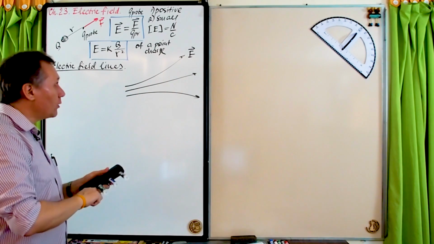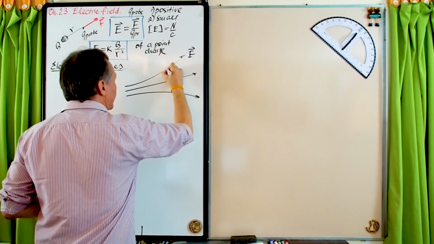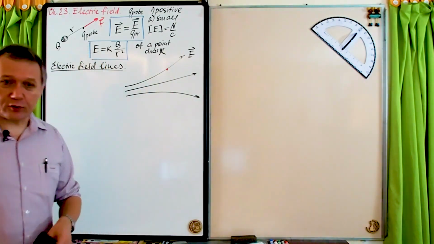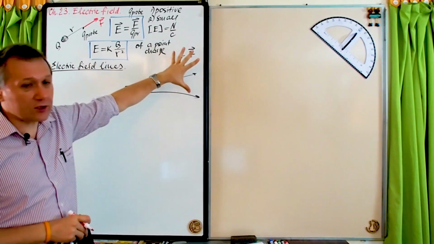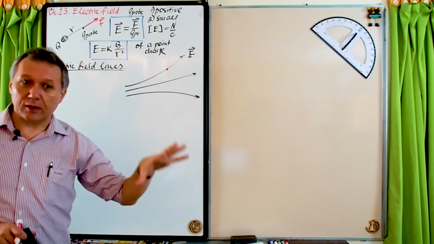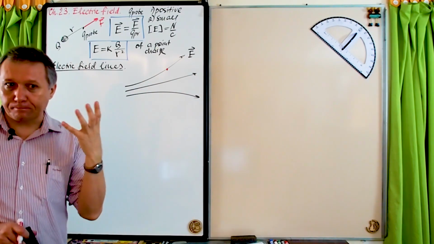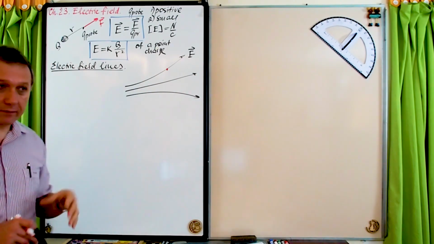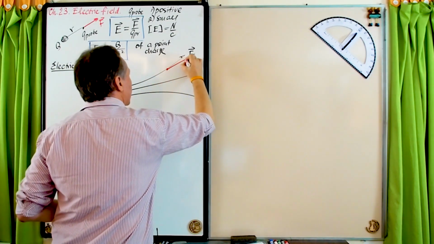So first, how can we get the direction of the electric field at any point? Let's assume at this point we want to know the direction of the electric field. Again, these are just electric field lines. They're useful auxiliary lines, but still, we need information about the electric field itself. So direction is all the time tangent to the electric field lines.